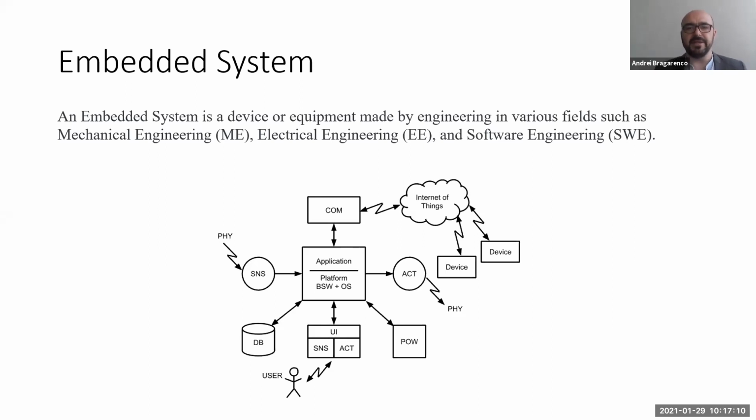By definition, an embedded system is a device or equipment that is made from different engineering domains, meaning mechanical engineering, electrical engineering, and software engineering. It is "and" rather than "or", because any device that we have, even this phone, has engineering from different domains.